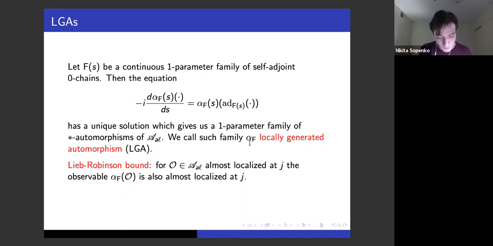An important thing why we really want to consider this is the Lieb-Robinson bound, that when we do this evolution with such Hamiltonians, we're still in the algebra. So we have some observable and act on it by this locally generated automorphism generated by the zero chains, then its application to an element of the subalgebra is still in this subalgebra.